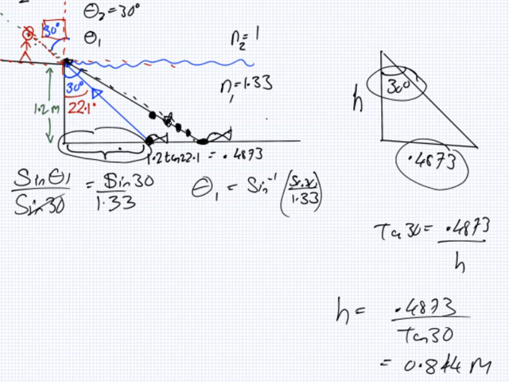If you want to know where the fish appears exactly, that's a more difficult question. I don't care where he sees the fish, I just care how deep he sees the fish to be. Its exact position, you're right, maybe the fish doesn't look as deep and it also looks like it's a little bit in a different direction. But I don't really care about that, because my question was how deep does it appear?